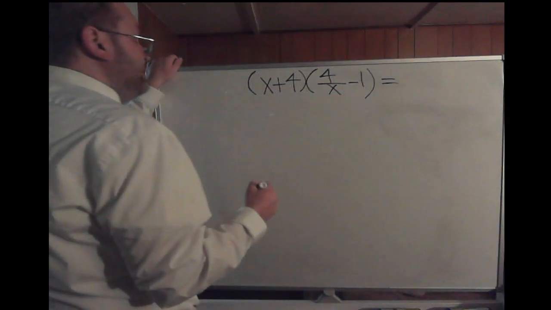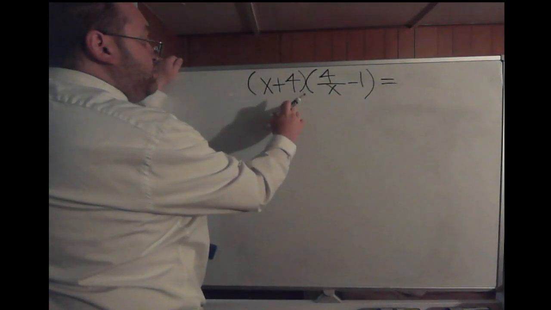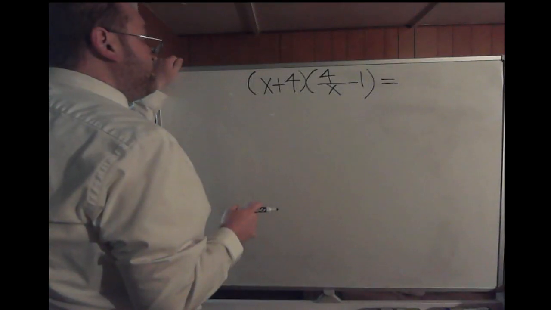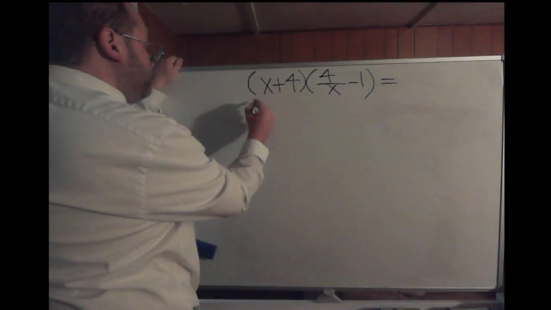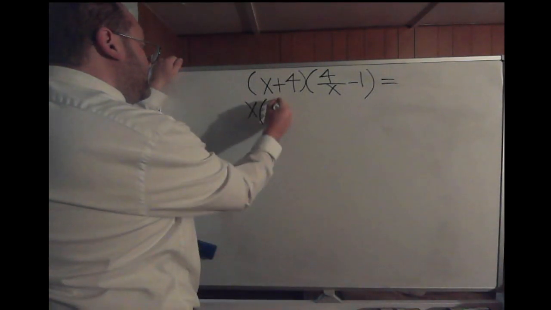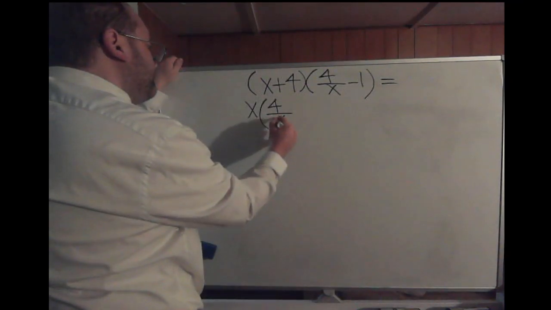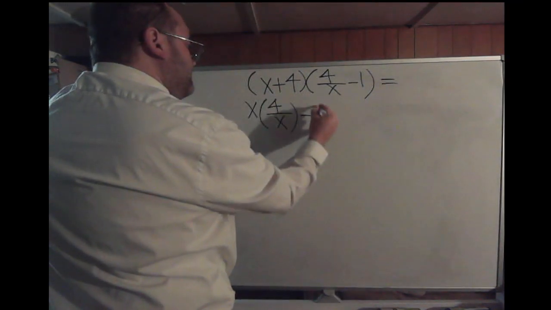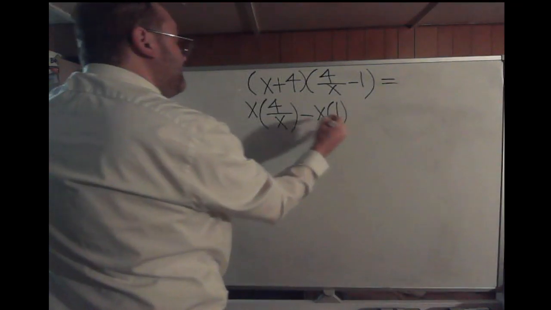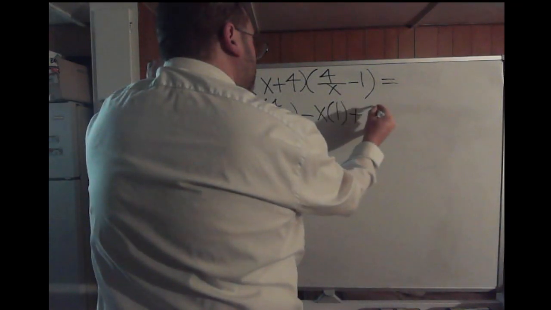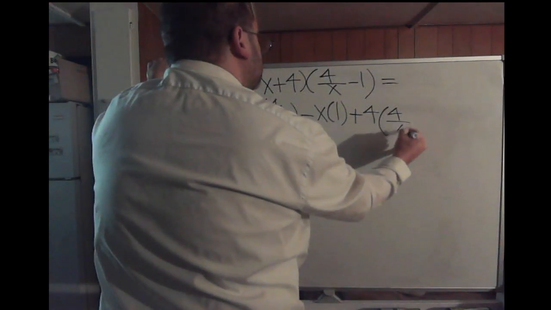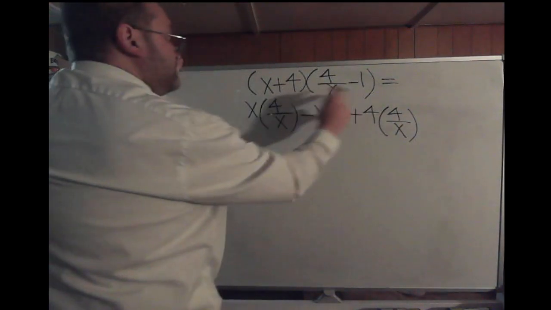You have x plus 4, that quantity, times 4 all over x minus 1. First start out with your x times your 4 over x, minus your x times 1, plus 4 times 4 all over x. Then you have 4 times negative 1, that'd just be minus 4.